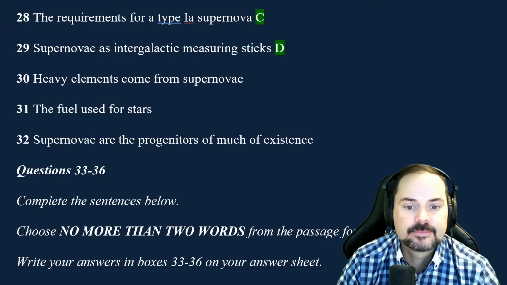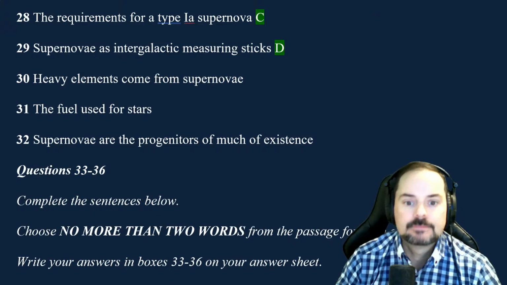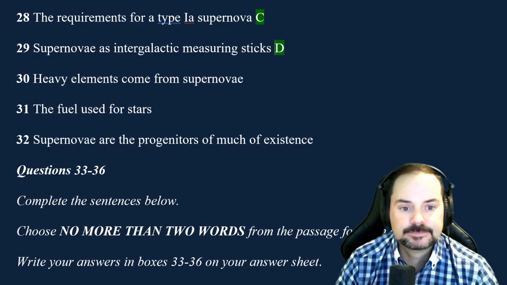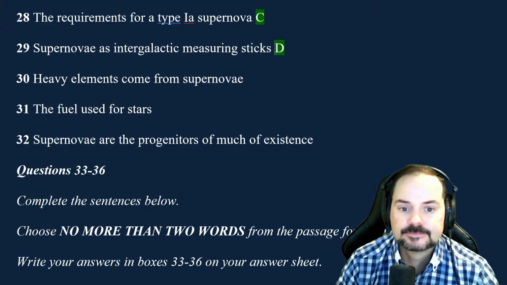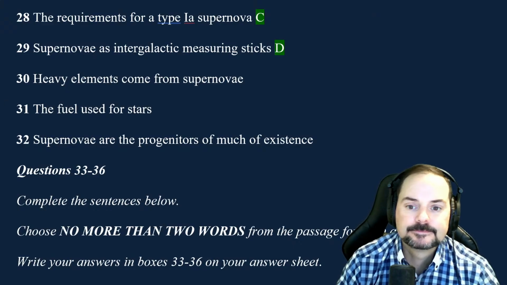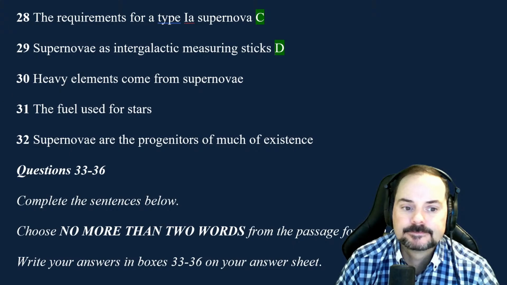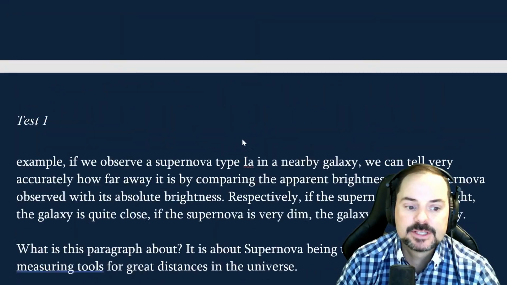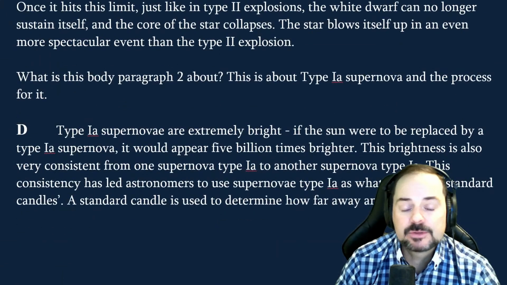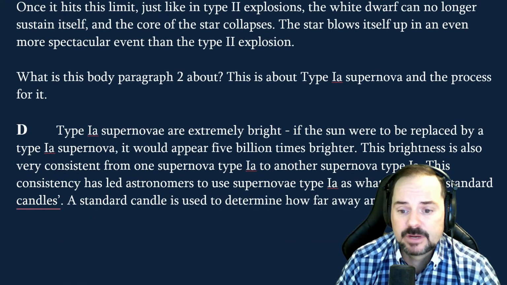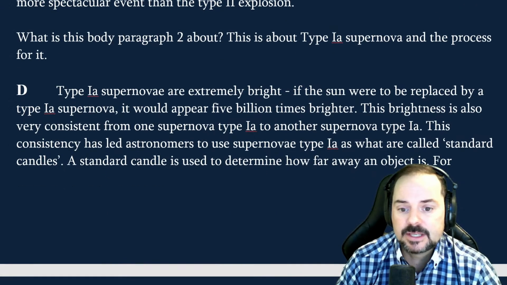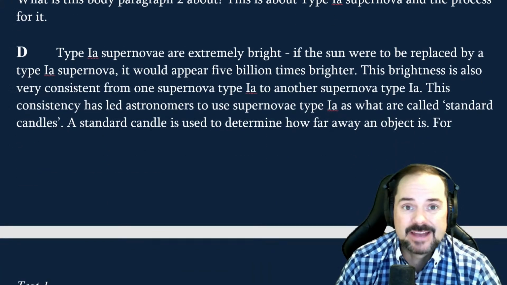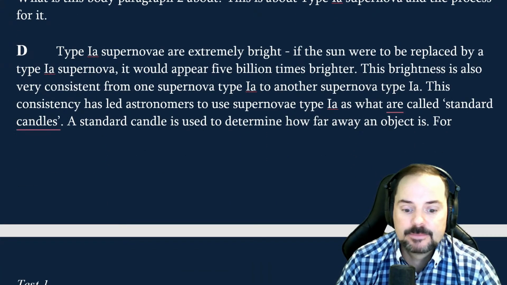Heavy elements come from supernova. Okay. Which one is that from? D, maybe? Let's see. Do we have heavy elements in D? That was the one that we just said was for measuring, right? And I didn't really see the word elements or heavy elements coming up in this, right?